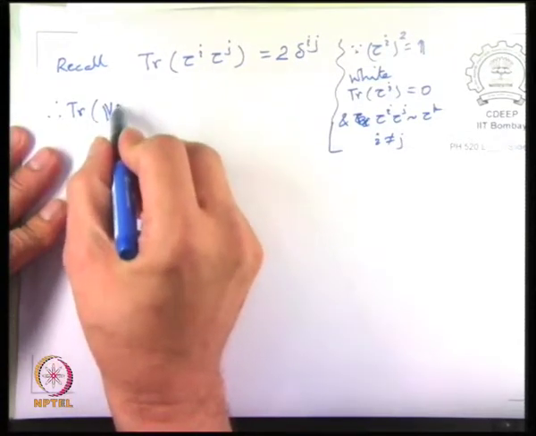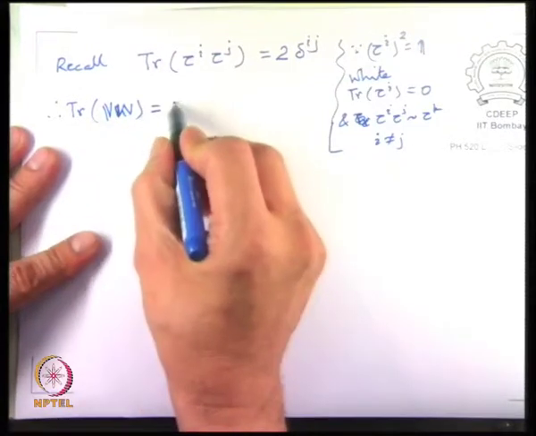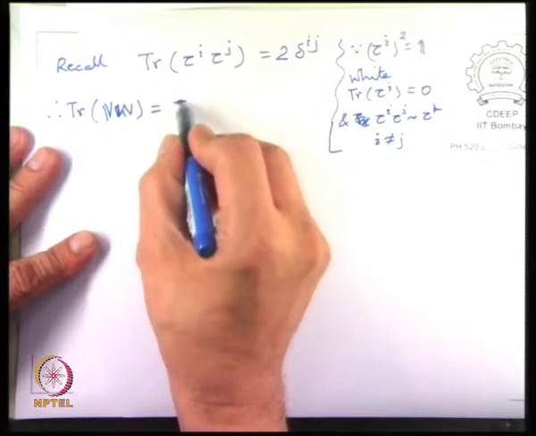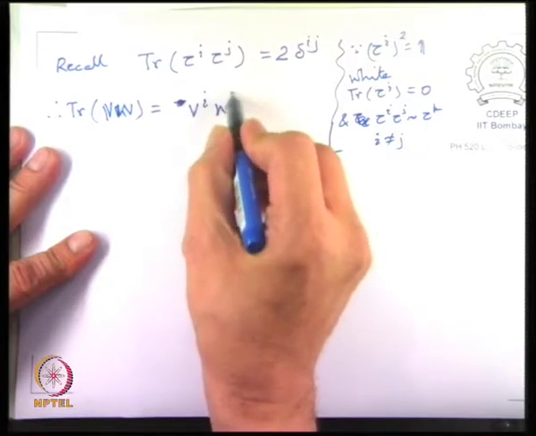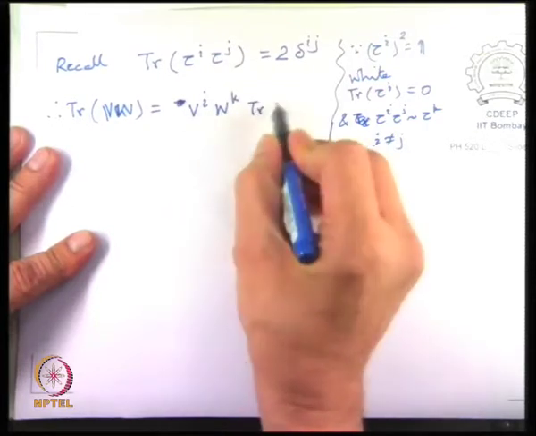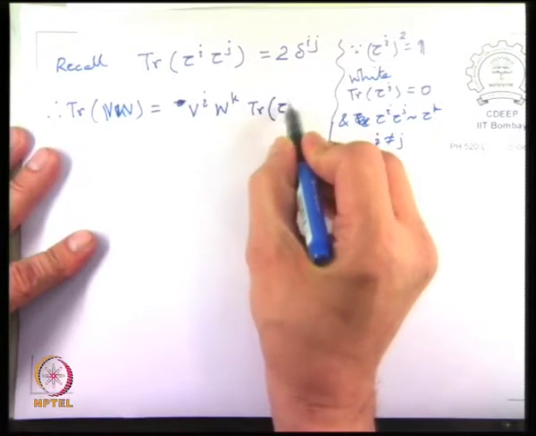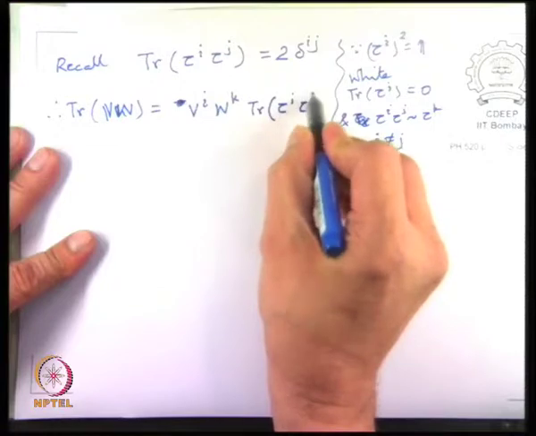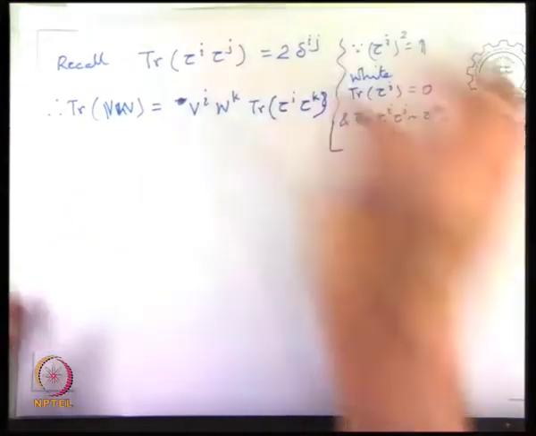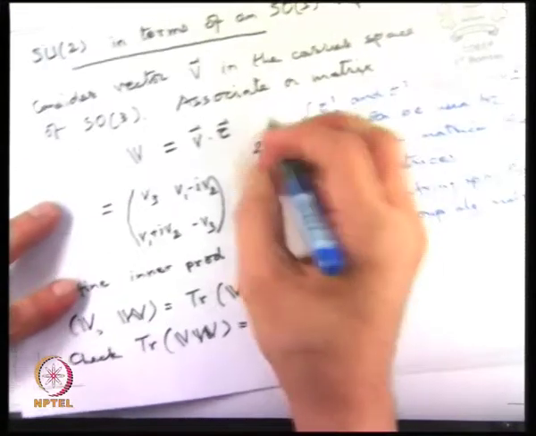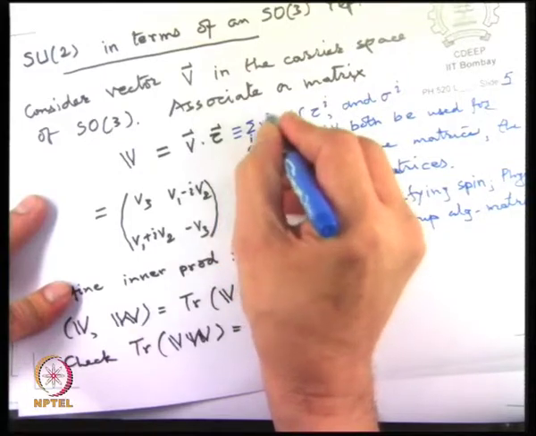And therefore if we take this trace of VW, equal to trace of, now we will take out V i W k, trace of tau i tau k, because V is just a sum over i of V i tau i.